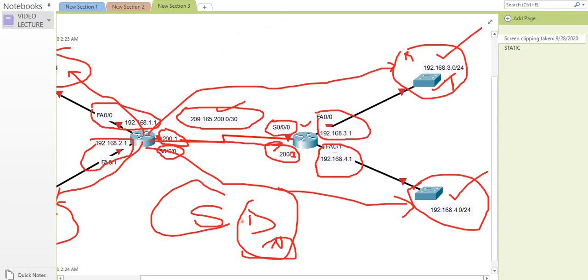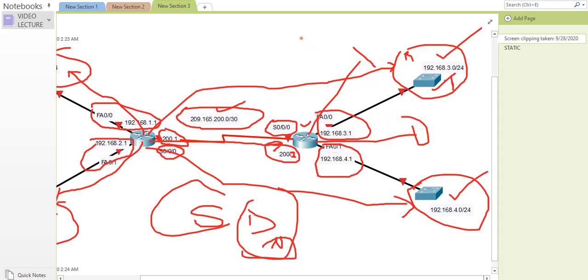Now with summary static route, it's also a static route where you know the destination networks. Obviously, you know the remote networks, but maybe you have multiple networks. Let's say, for instance, you have another LAN here, so you have multiple LANs with IP addresses within the same network range, within the same class C, class B, or class A. You do not need to advertise each of these LANs.